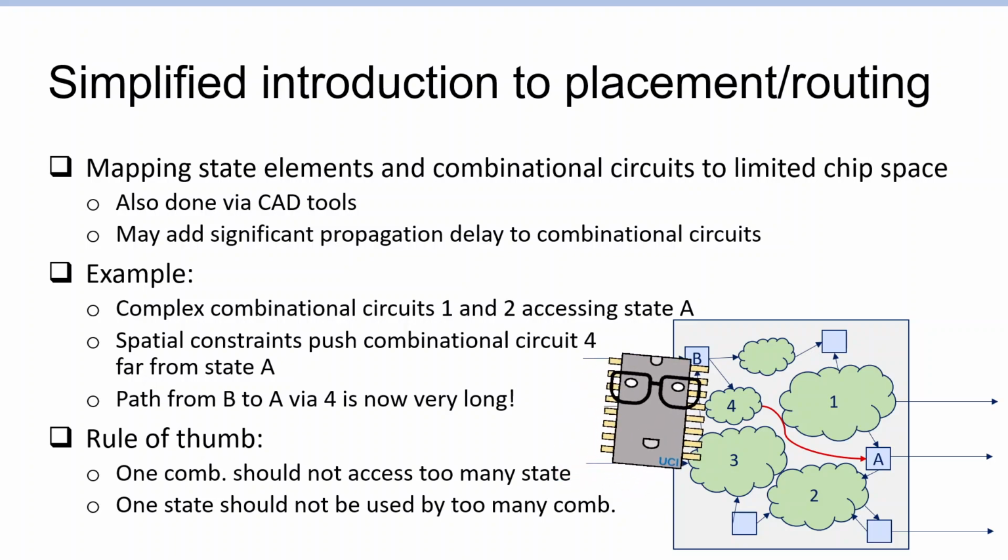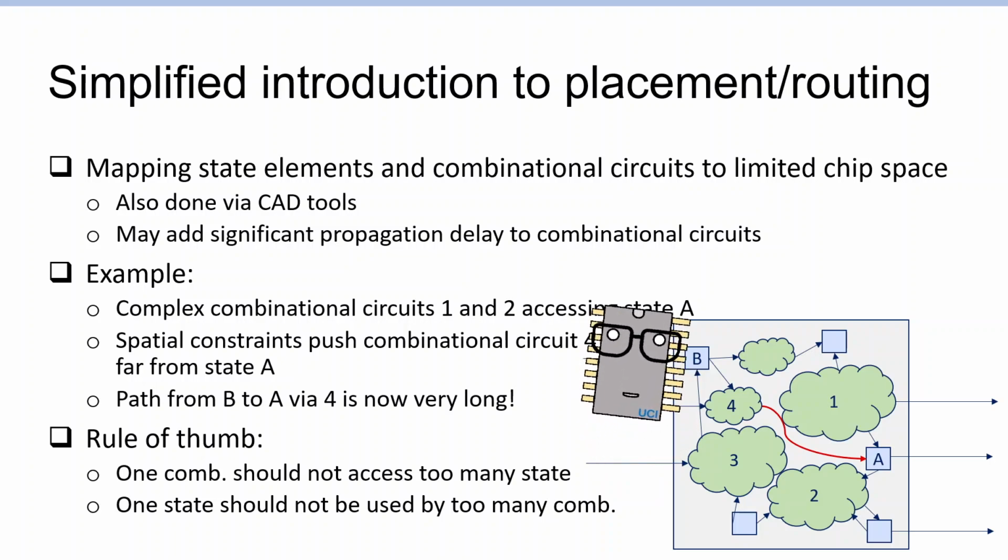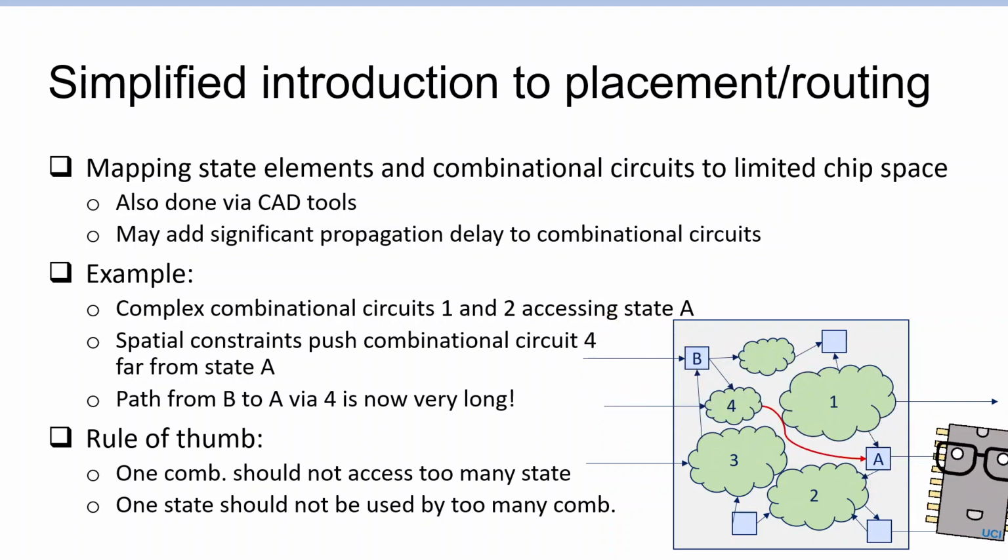Which means even if the combinational path 4 is small and simple, the combinational path from B, which is an input to the combinational path 4, to A may now be very long, even though there's not a lot going on in terms of actual work.